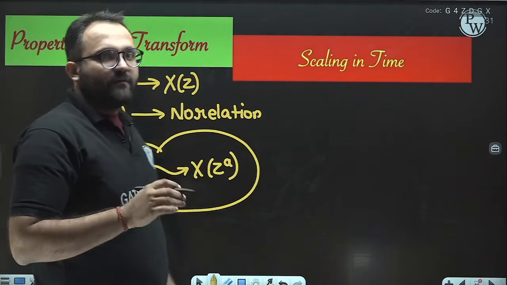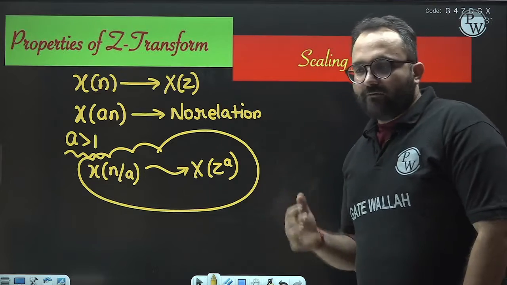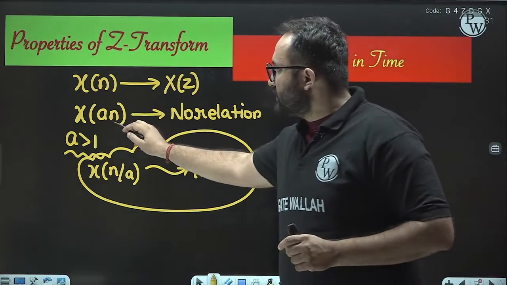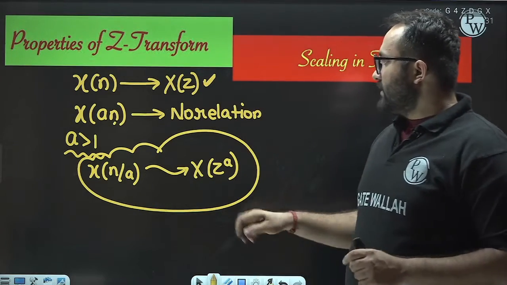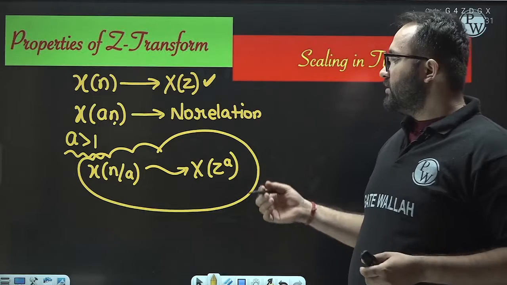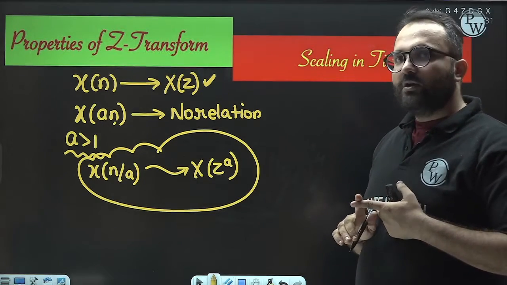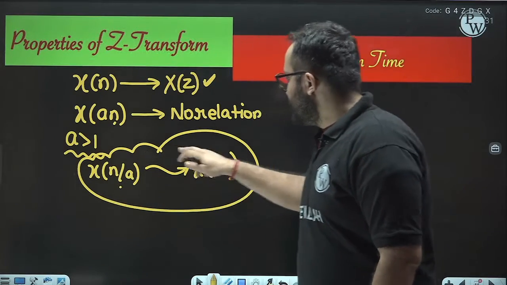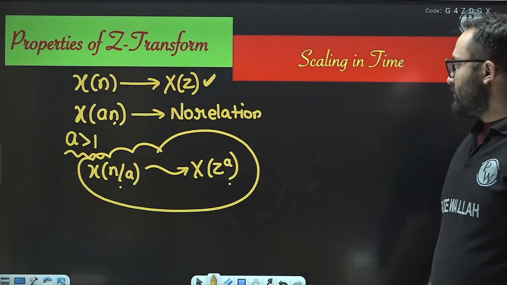So in case of decimation, where there is a sample loss, the z transform will have no relationship. Rather we can find the z transform of this signal if we know this signal, but it will have no relationship with this X(z). But when we do the interpolation or zero padding, there is no sample loss, rather we do only zero padding. So in these cases x[n/a] will have z transform X(z^a). So this is very important.